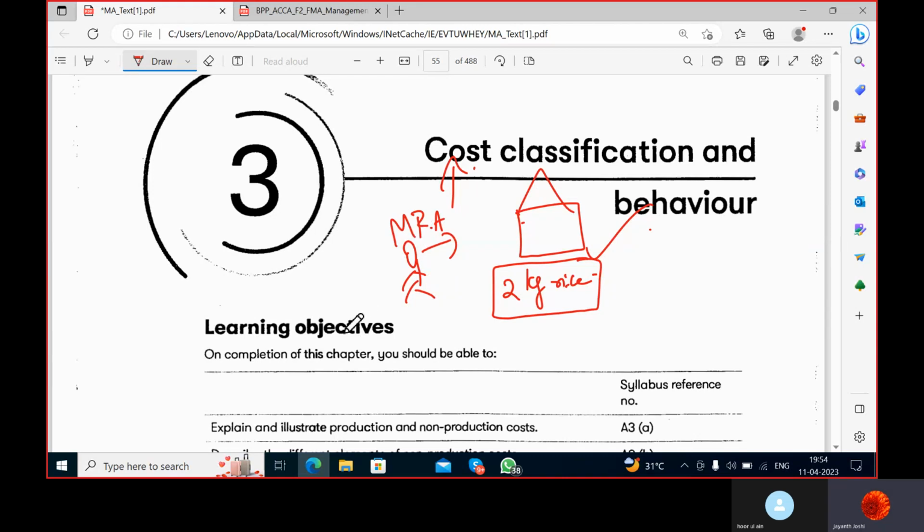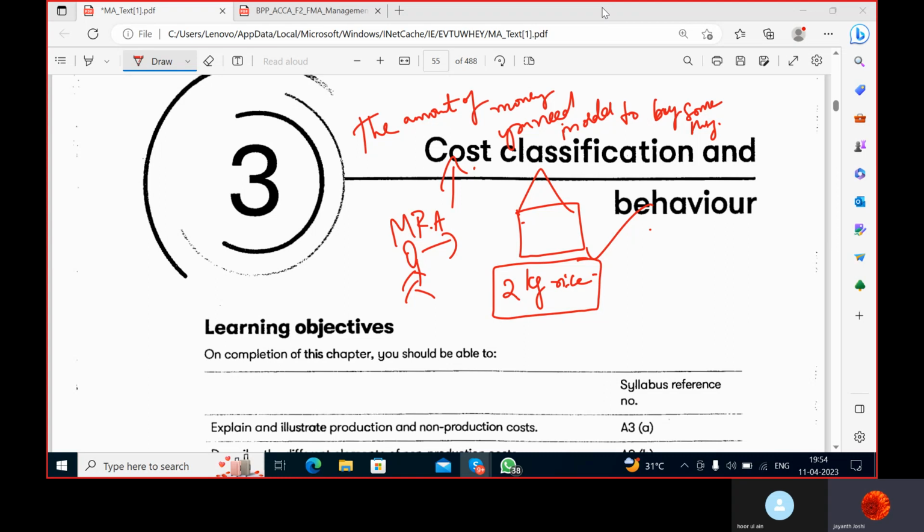So generally, cost is nothing but the amount of money that you need in order to buy something. And let me be very clear, the cost for you is the selling price for the shopkeeper, correct?